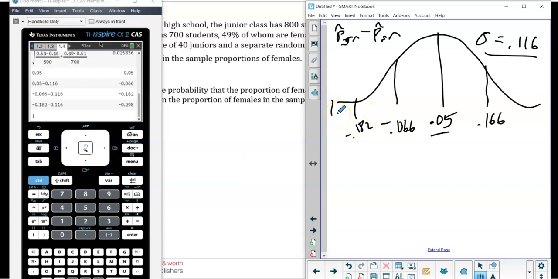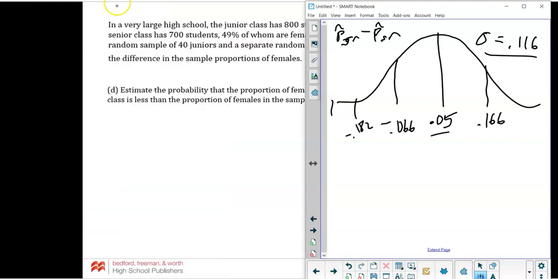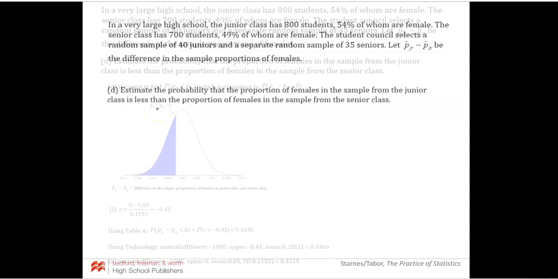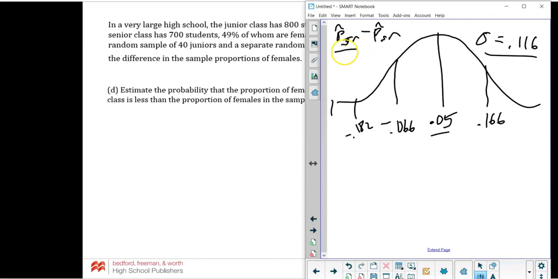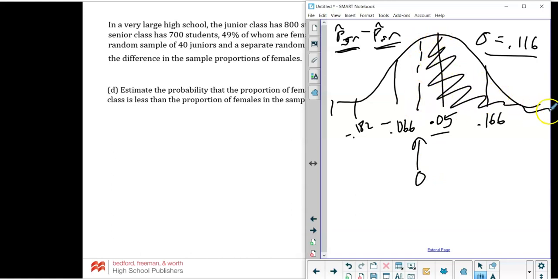Negative 0.182, and so forth. So what do we need here? We need to answer the question that the junior class proportion is less than the proportion of the senior class. If the juniors, the first one, is less than the seniors, a smaller number at the beginning would make it negative. So I really want anything from 0 and above. Think of that as 0, shading above, anything above that.